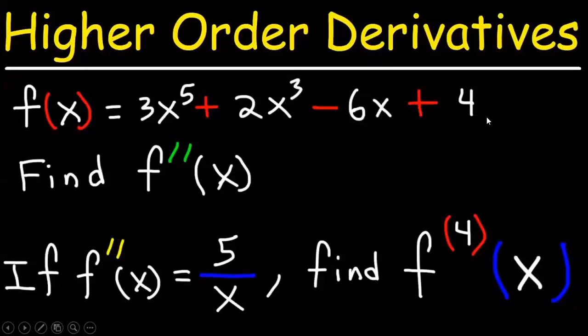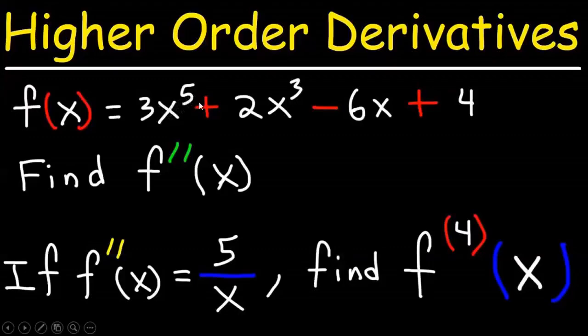If you do the second derivative, first derivative: 3 into 5, 15 x to the power 4. Then 4 into 15, 60 x to the power 3.